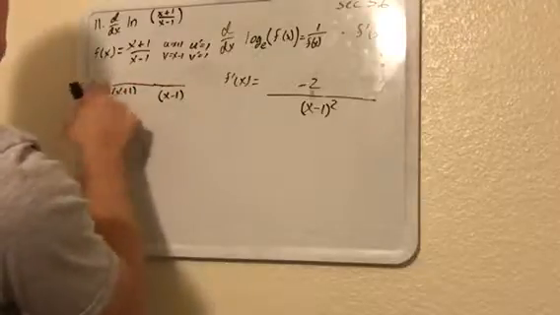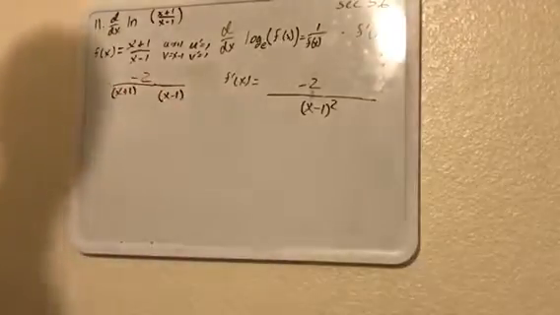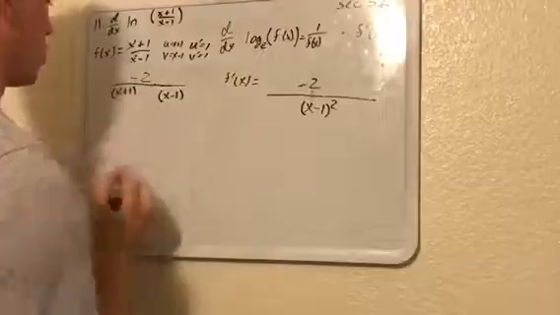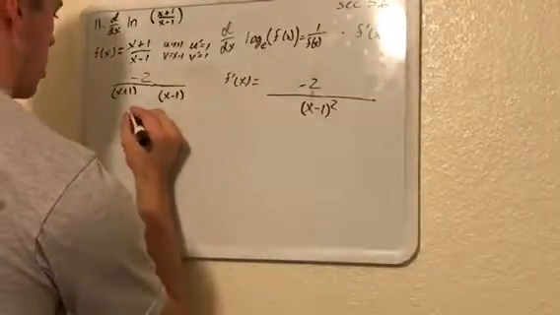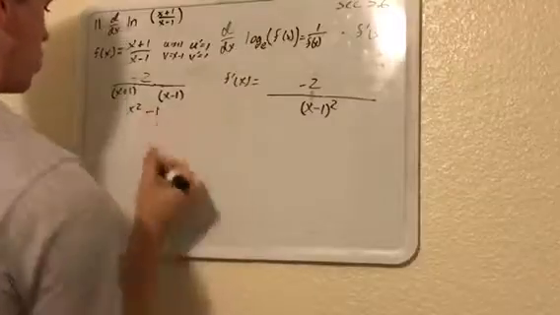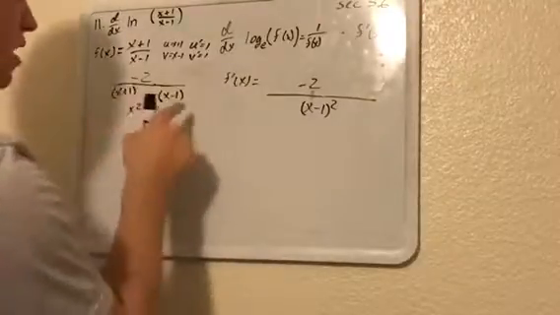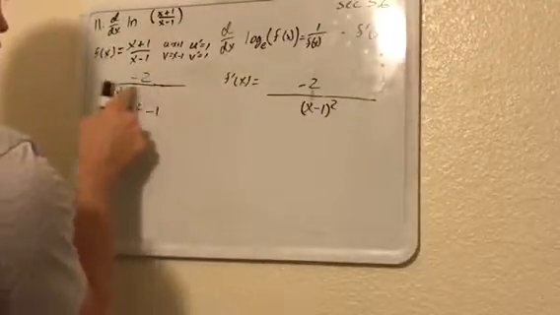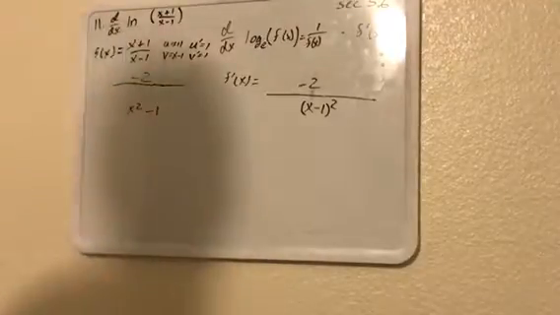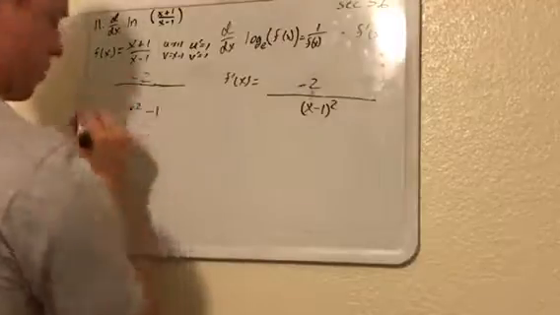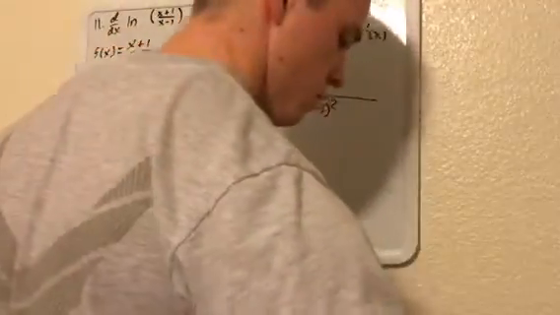So you got negative 2 over x plus 1 times x minus 1, which is actually just equal to x squared minus 1 when you FOIL this out. Go ahead and do that on your own. So it's negative 2 over x squared minus 1. Now, this is your answer right here.